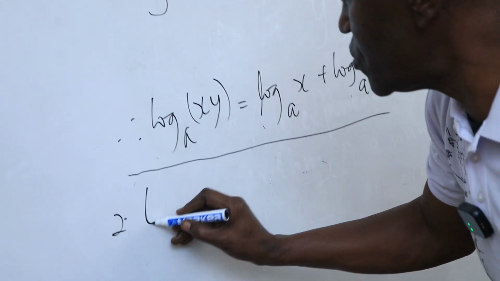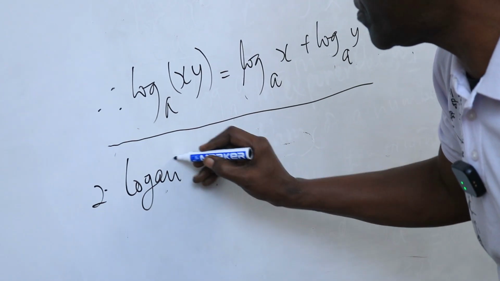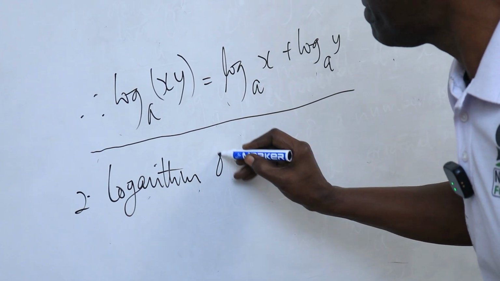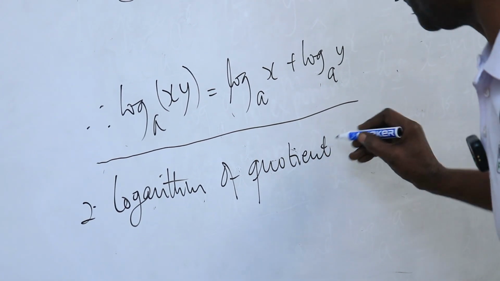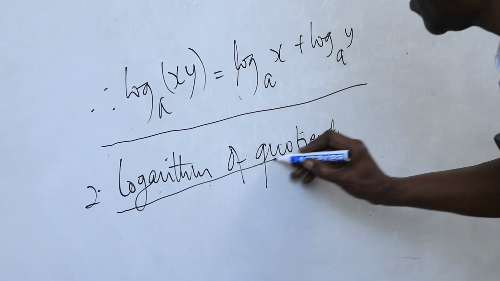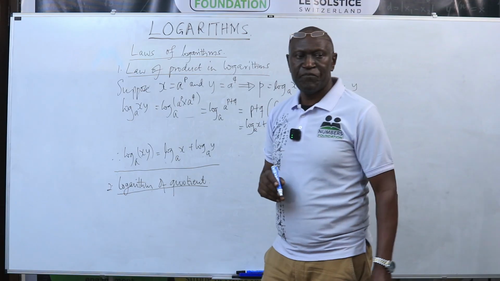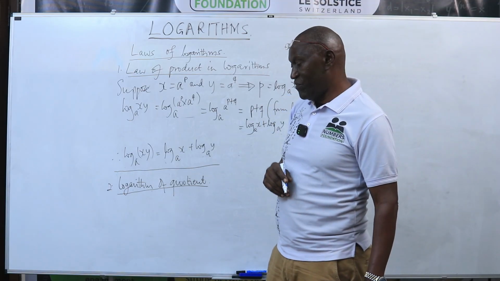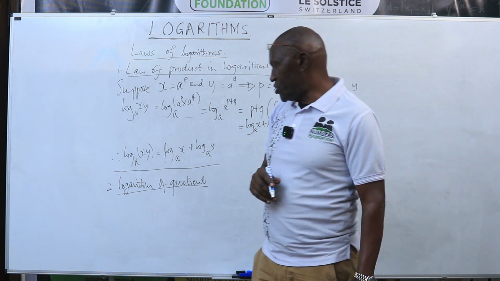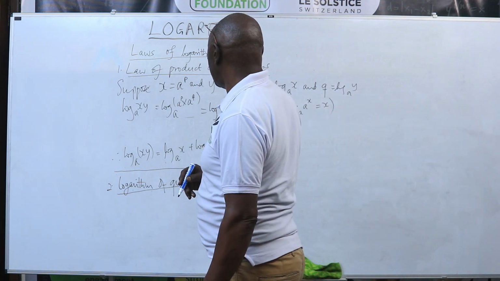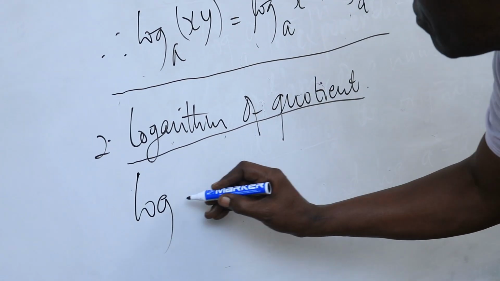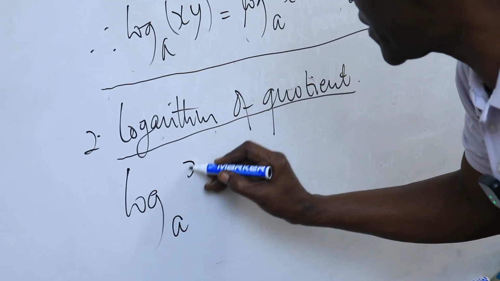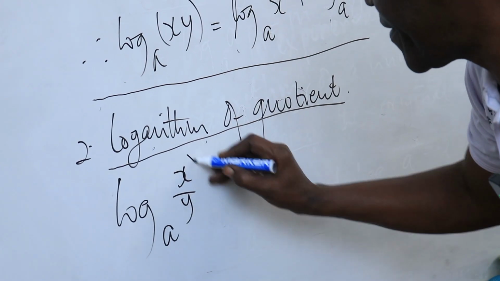Next is the logarithm of a quotient. Quotient, of course, takes us to division of quantities. When you divide them, you realize a quotient. And we are going to look into the logarithm of x divided by y.